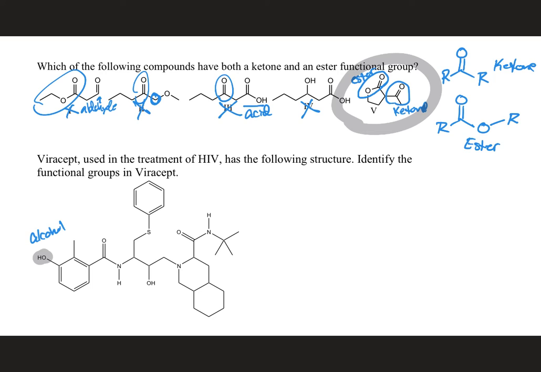All right, we have this, which is an arene. Sometimes we could just say this whole thing there is a phenol. That's sometimes considered its own functional group. We have this right here being an amide. We have this right there being a sulfide.